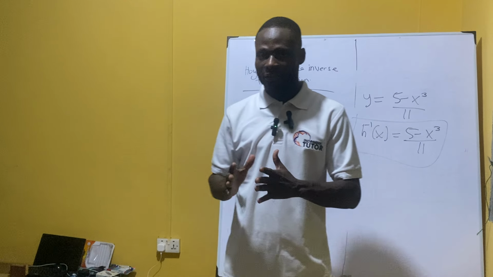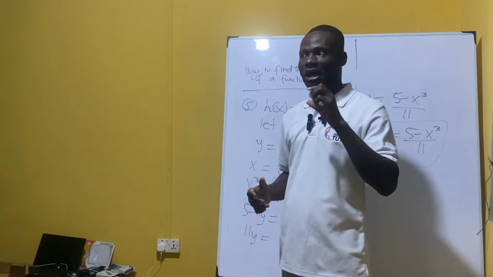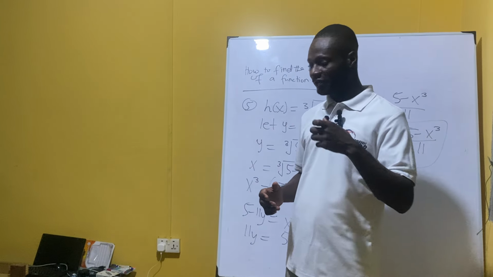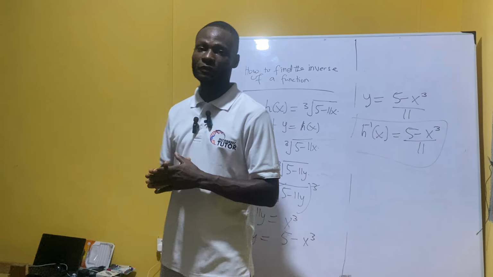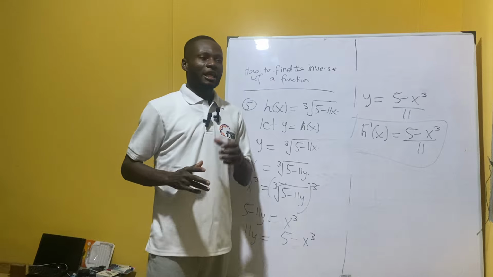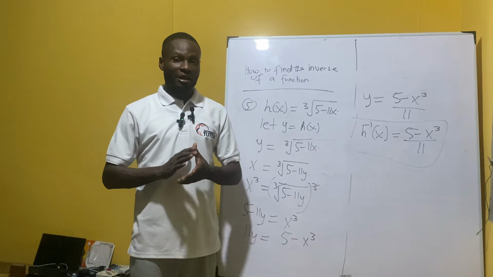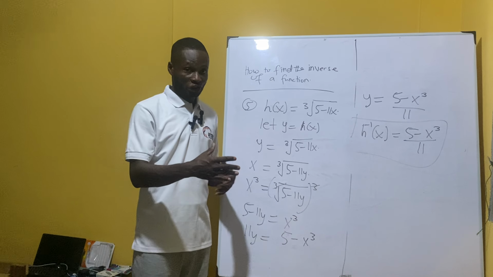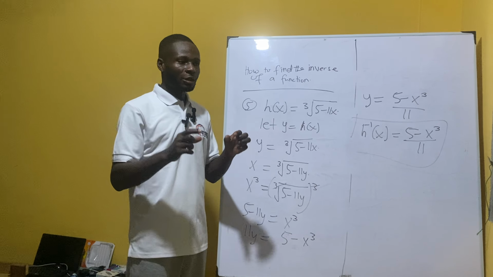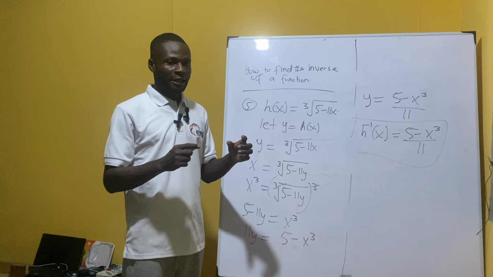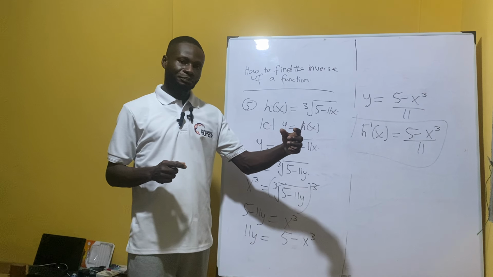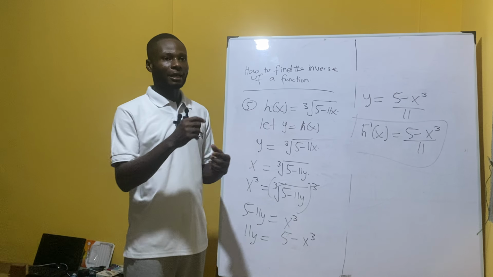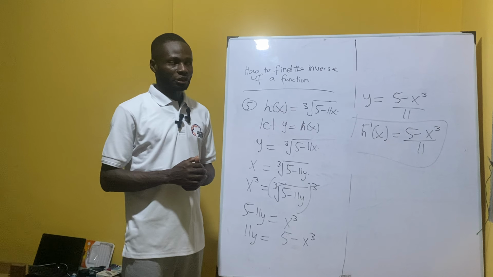So let me summarize. When you are given a particular function and want to find its inverse, one, let the function equal a variable y, right? After that, interchange the position of the x and the y. Put x at the y variable position and the y at the x variable position.